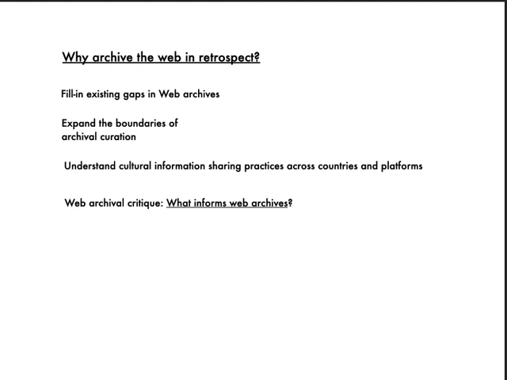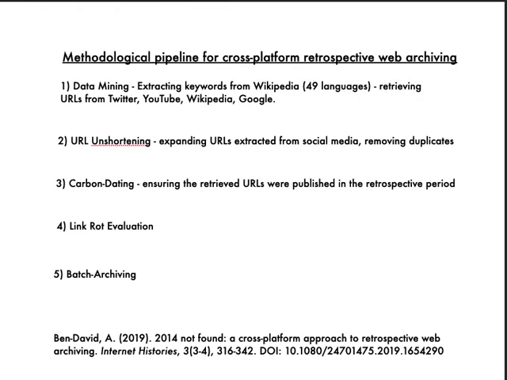For example, if a major event, such as the one we're experiencing these days with the coronavirus, has not been archived in real time. At the same time, it may also be used as a critical tool for asking what informs web archives, and to think of new ways of informing web archives, ways that take into account global cultural practices of information sharing on the web across different platforms.